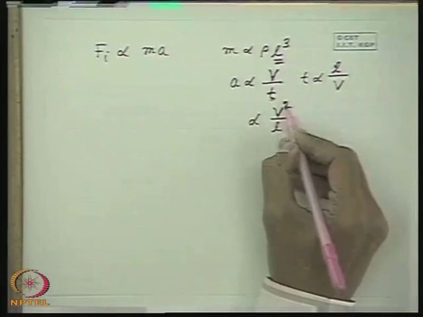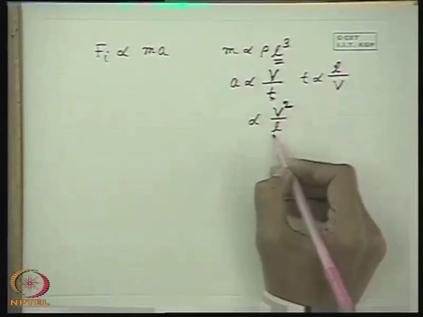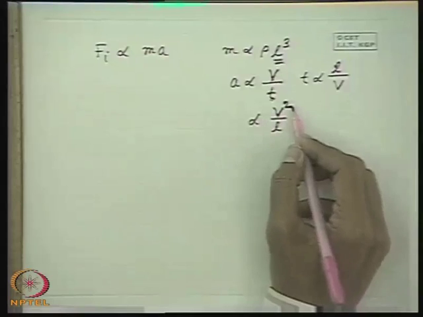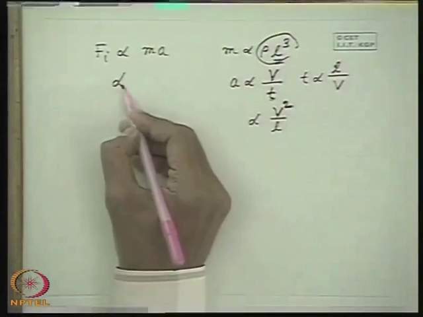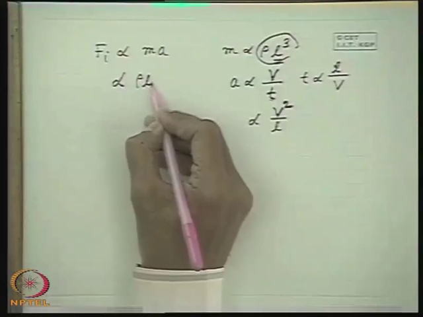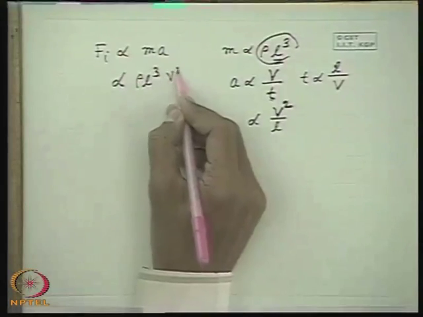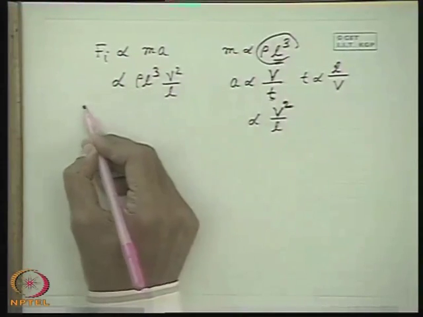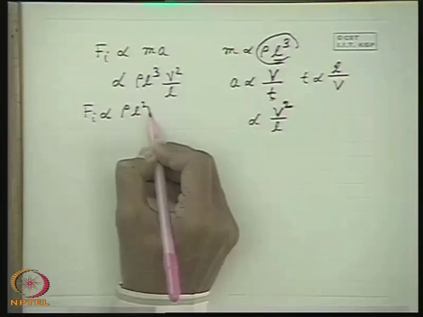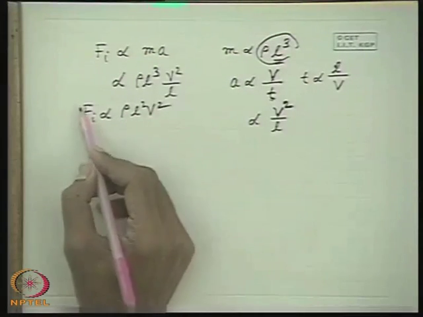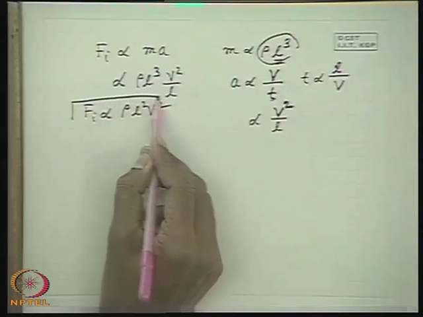That means acceleration is always proportional to square of velocity by length. This is the proportionality. So if we take care of these two, we can write inertia force is proportional to rho L square v square. This is the proportionality for inertia force.